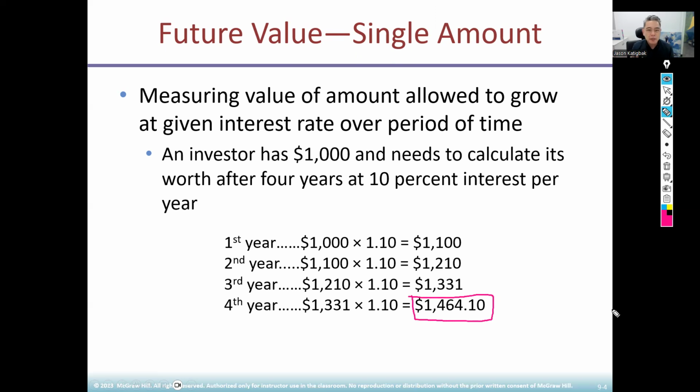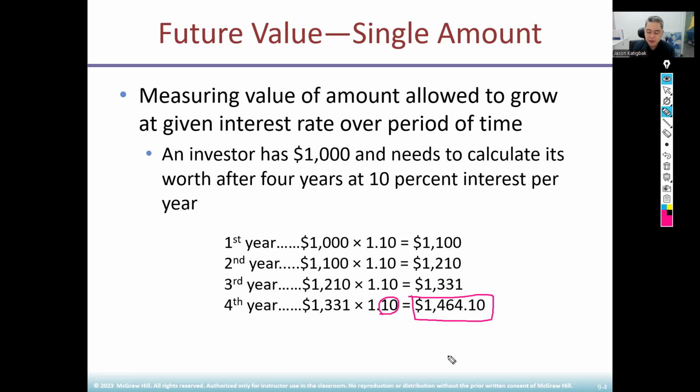Think about it as an amount that you want to pay out or withdraw in the future, right? I want 1,464 in the next 4 years. And I'm thinking that the market rate is 10%. So what do I need to do now? When I wait 4 years, I will actually get 1,464.10. I know it's a bit exact, but bear with me.